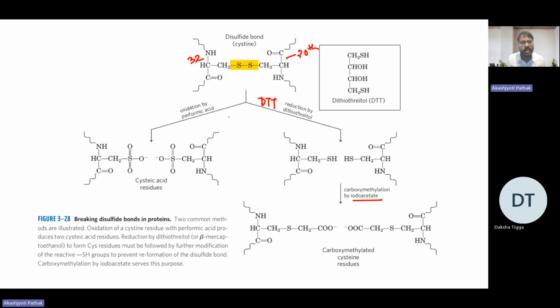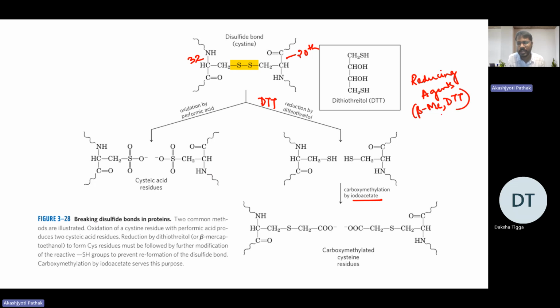So there are two methods by which you can cleave the disulfide bond. Either you treat it with reducing agents. There are two common reducing agents which are used in the lab: one is beta mercaptoethanol and another is DTT.